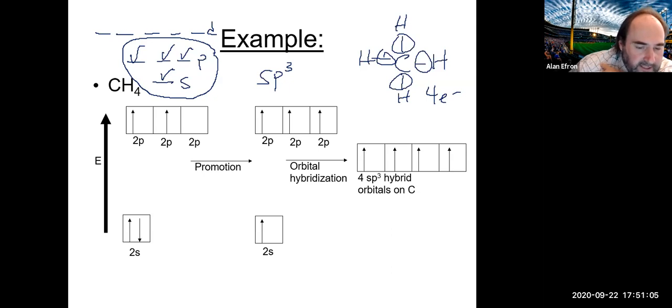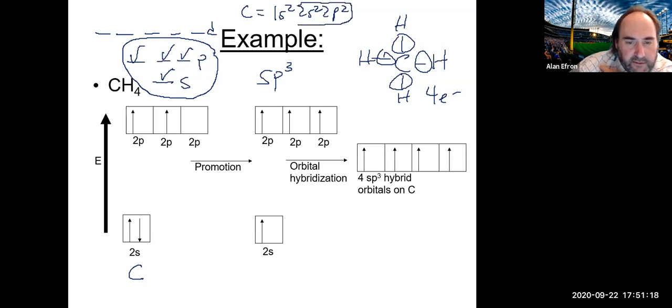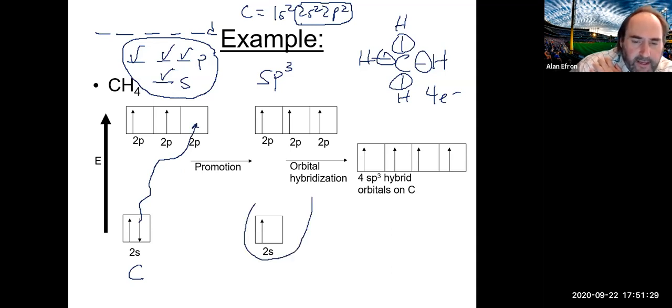That's going to happen in this case. We are again looking at carbon down here in terms of its electrons. Carbon, which is 6, has an electron configuration 1s2, 2s2, 2p2, and these are the 4 valence electrons in carbon. Same thing's going to happen. We're going to get a promotion of that lower electron, it's going to find the empty orbital up here, and then this s orbital and all 3 of those p orbitals are going to come together to make our 4 hybrid orbitals for carbon.